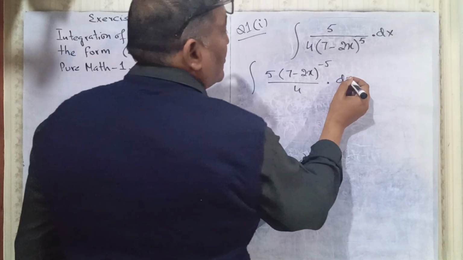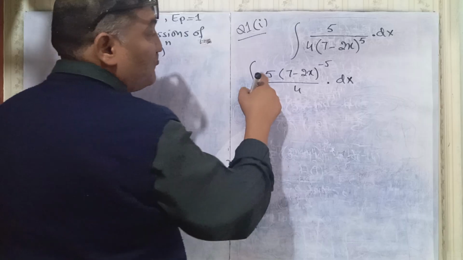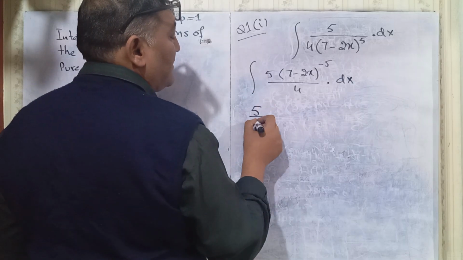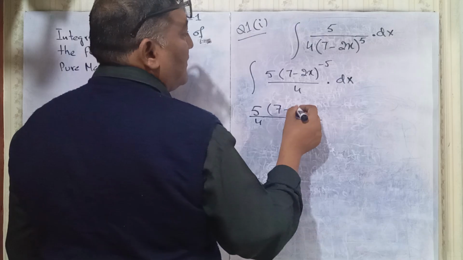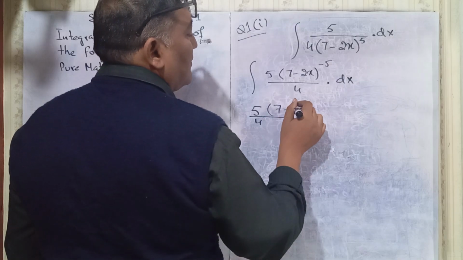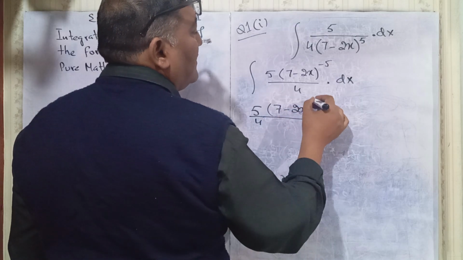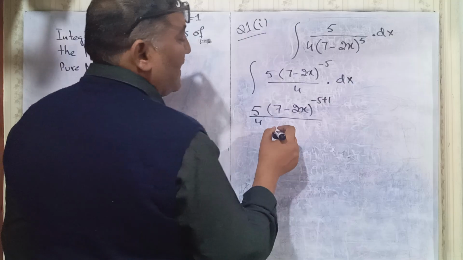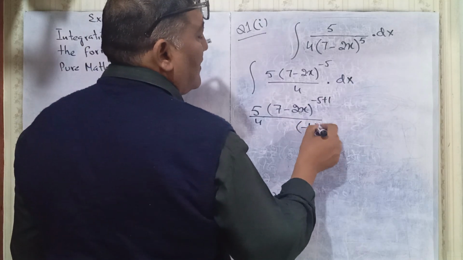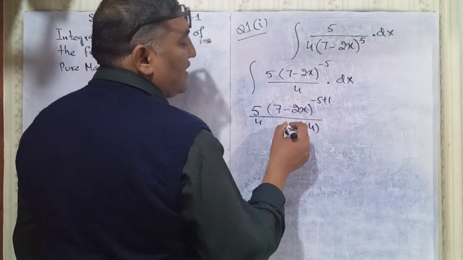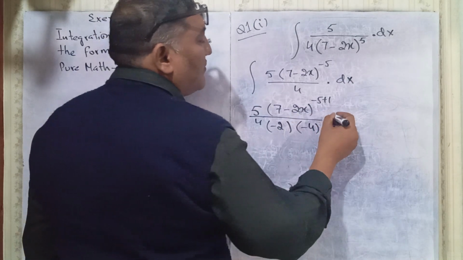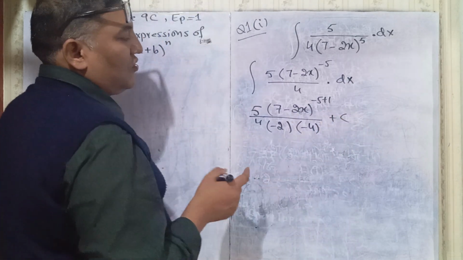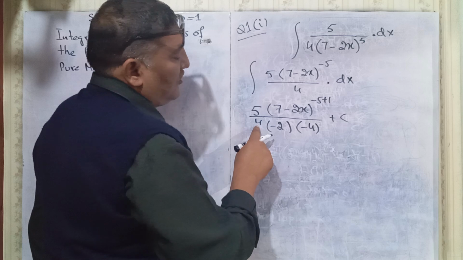Okay, so what we will do, 5 by 4 will come as it is. Okay, so this power will be increased by 1. With the same number I will divide, and whatever is the coefficient here, with the same number I will divide. Okay, plus c.